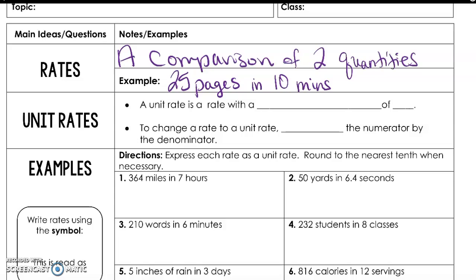So a unit rate is a rate with a denominator, so the bottom number, of 1. So instead of talking about how many pages we read in 10 minutes, we want to figure out how many pages we read in 1 minute.